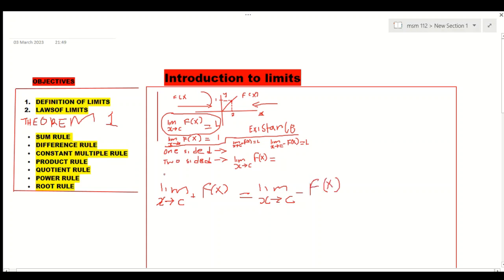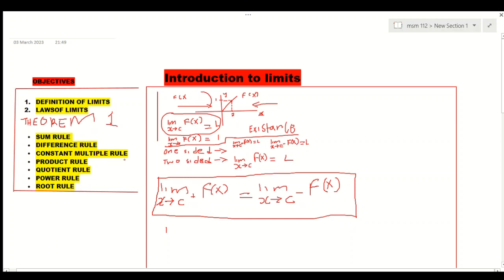That's how you can conclude if the limit exists. So if, as you can see, the two-sided limit is giving me L, just by example in the formula, even the two-sided limit should have the same value like this.